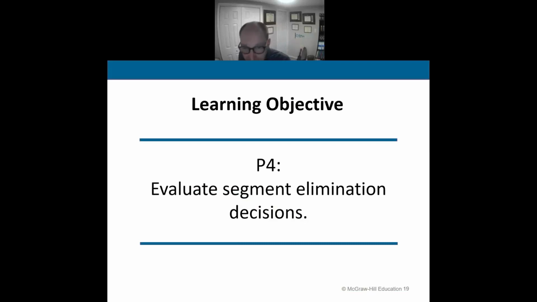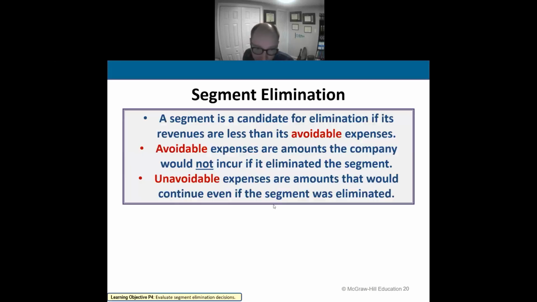Another key decision that managers make is looking at segments of the business. And sometimes we have to discontinue products or discontinue segments of our business.